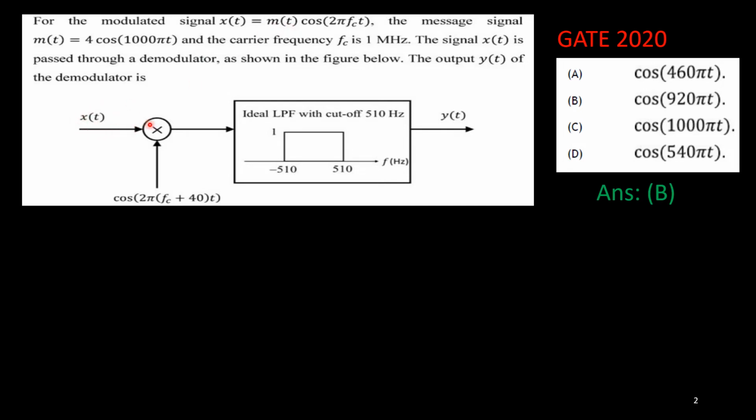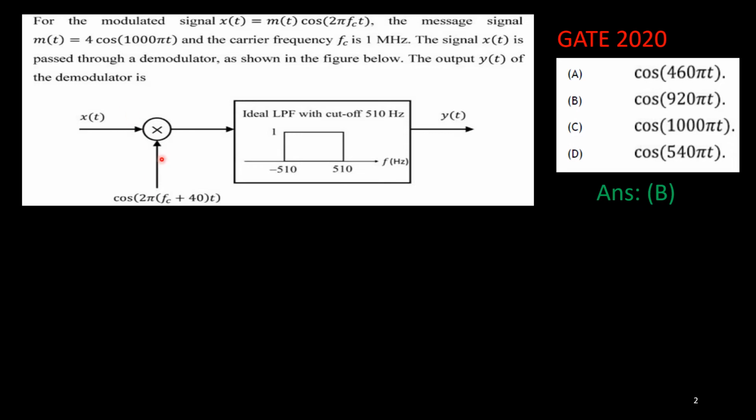This is then passed through a demodulator, and before that it is multiplied. First it is multiplied with this cos signal, cos of 2 pi fc plus 40 t. So the frequency is 40 hertz higher compared to your actual carrier frequency.